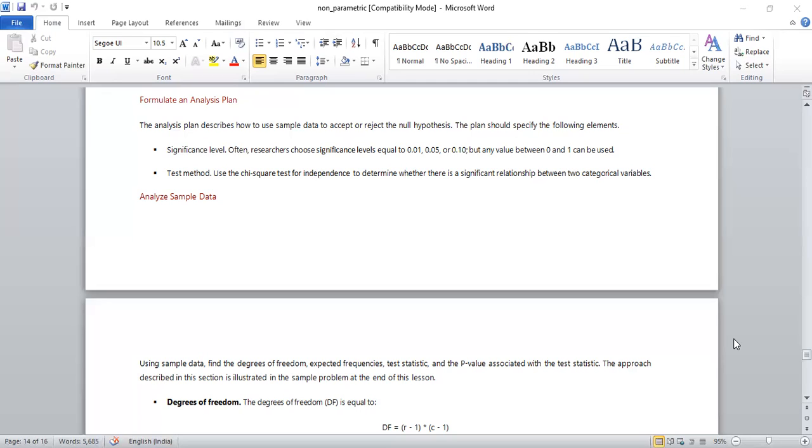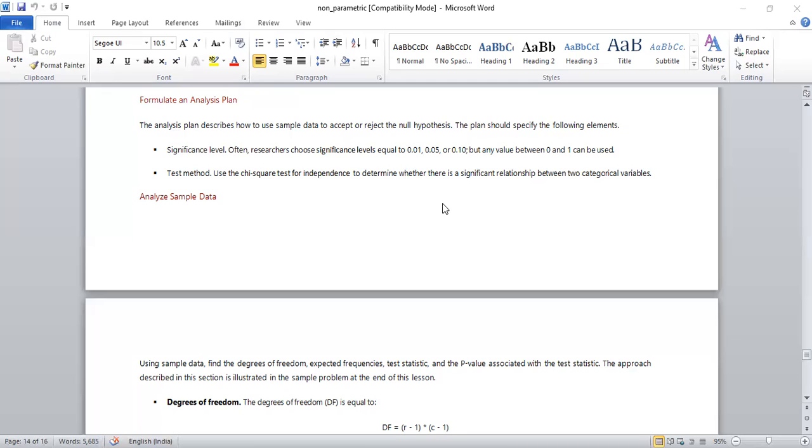Ma'am, here they are explaining the steps to accept or reject the null hypothesis, like how to use the sample data to accept it. But what do you have to determine? Ma'am, we have to determine the degrees of freedom, the frequencies and the p-value that are used to compute the chi-square statistic.